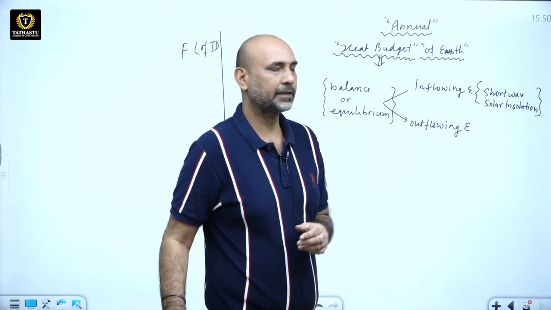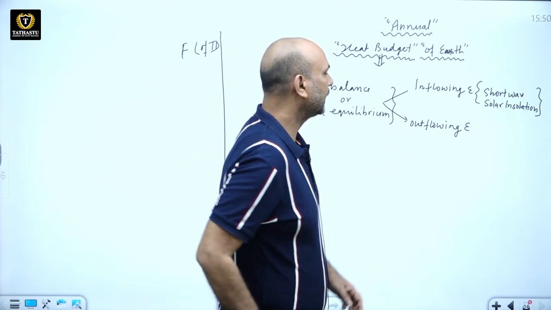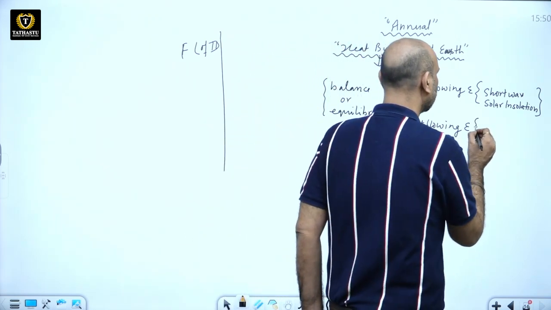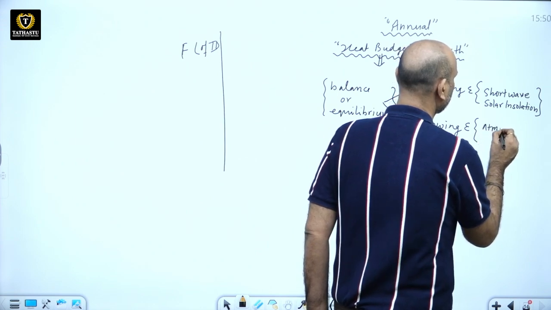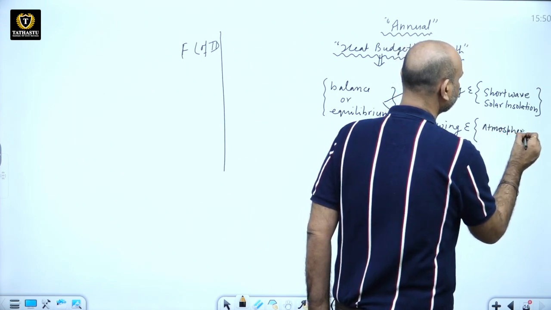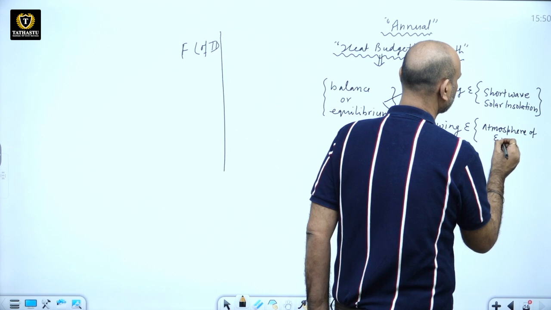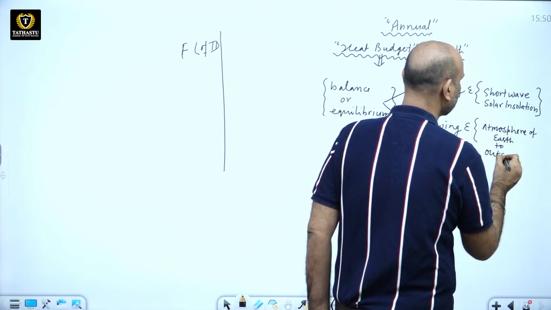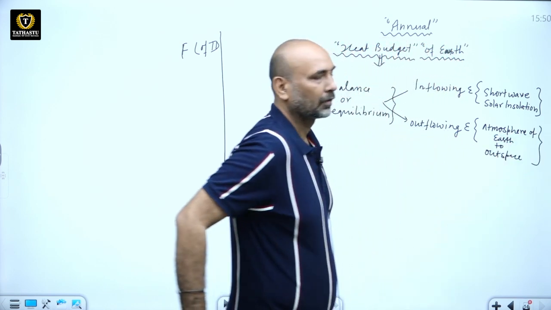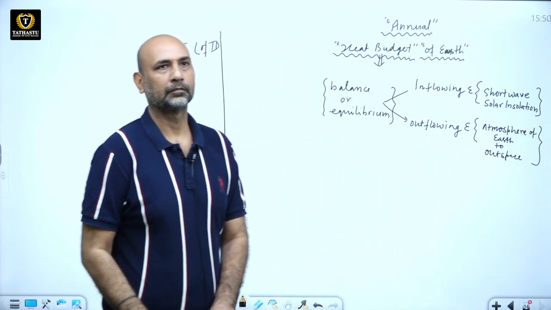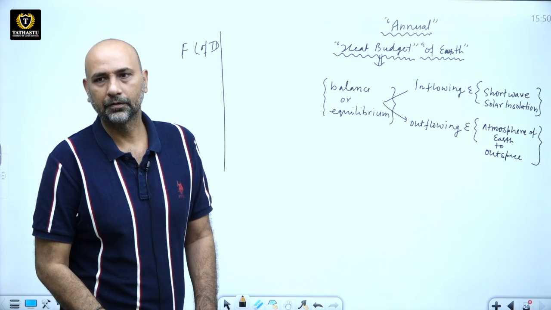I am going to represent it. Outflowing energy, that is energy outflowing from atmosphere of Earth to outer space.